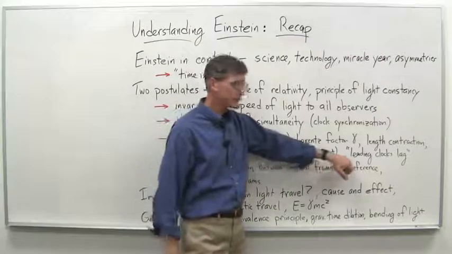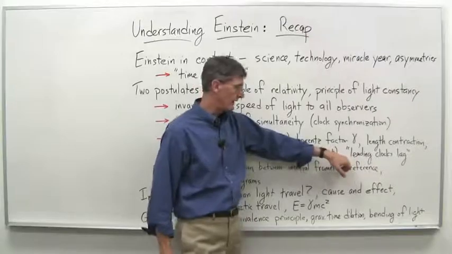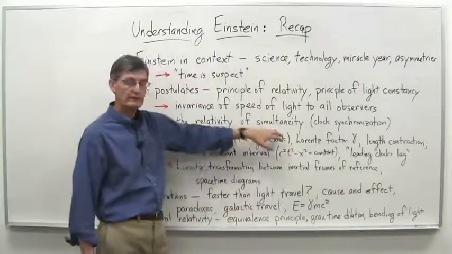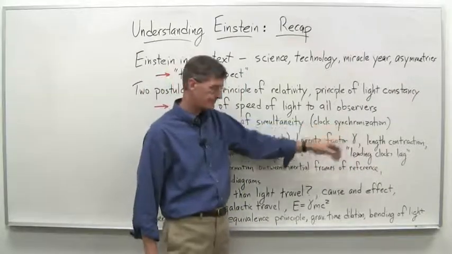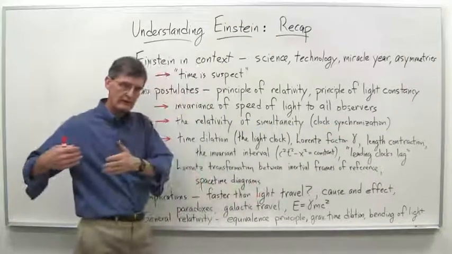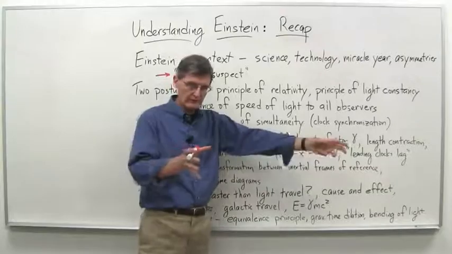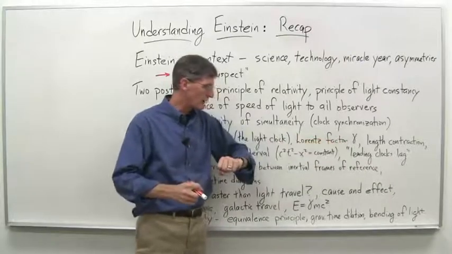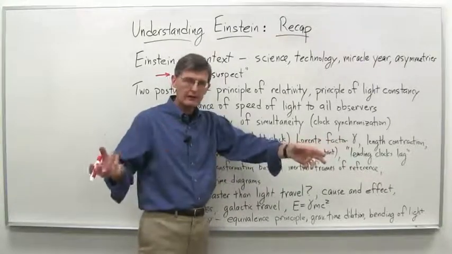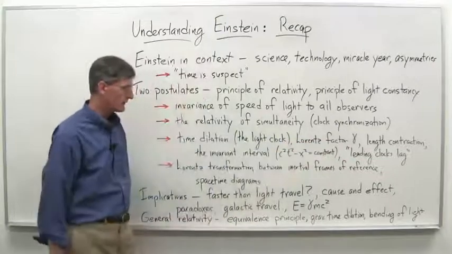And then the phrase "leading clocks lag": we talked about the relativity of simultaneity, relativity of synchronization, but if, as you observe two clocks go by, and they're moving with respect to you, the leading clock will lag behind the trailing clock.